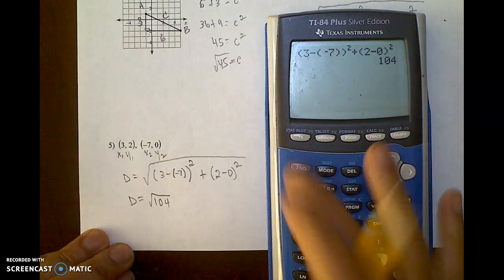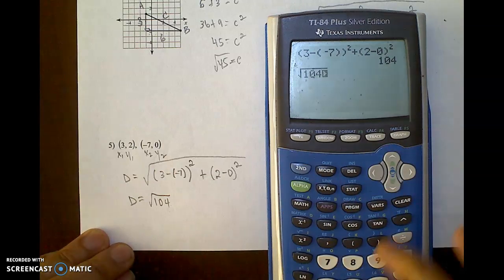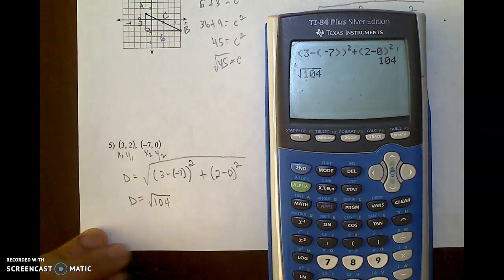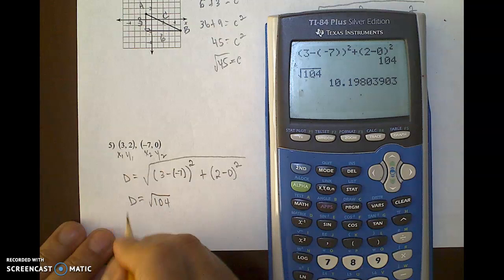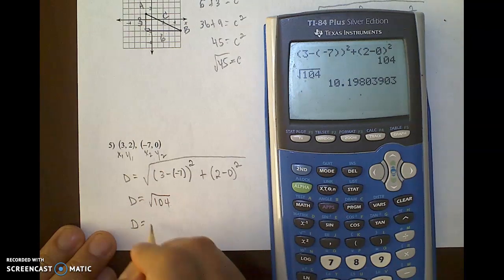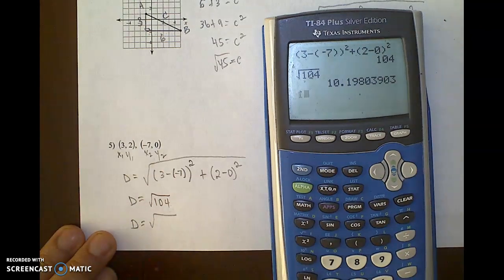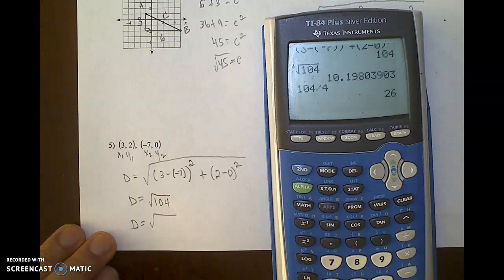Let's check and see. I think we know the answer to this is that 104 is not a perfect square. But we can simplify that by breaking it up. Let's see, 104 divided by 4. Does that work? Yep.